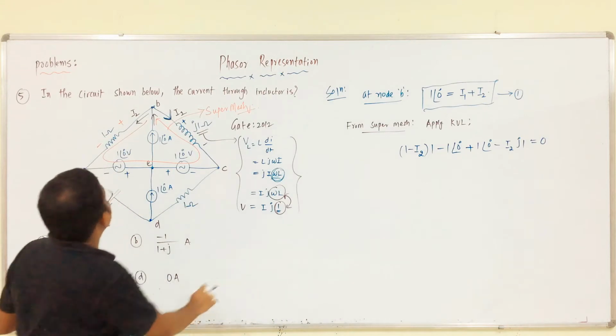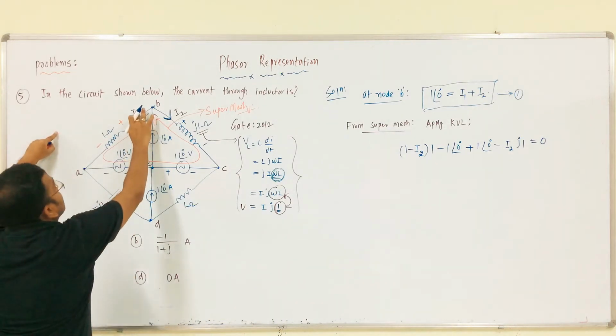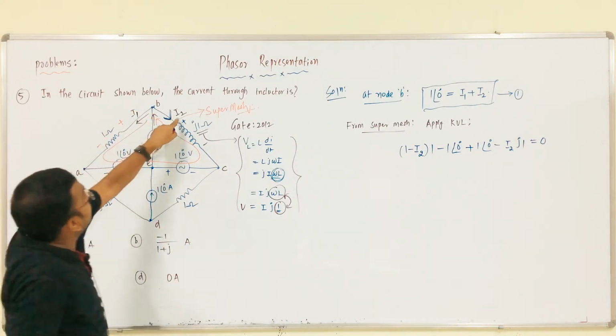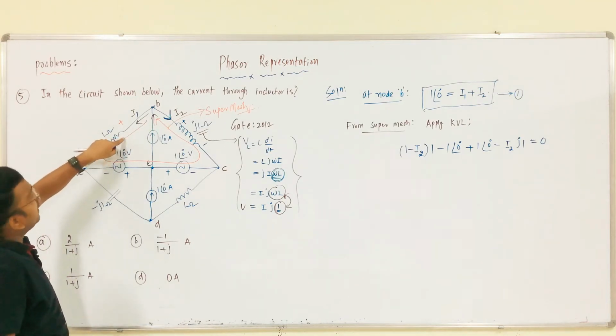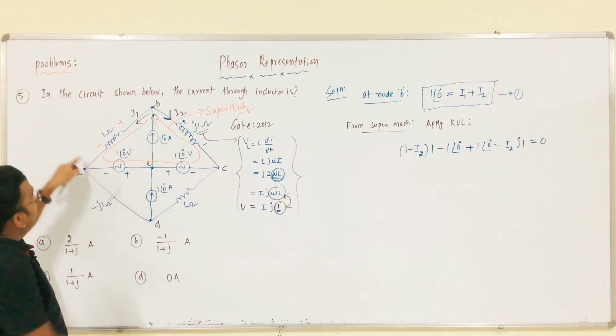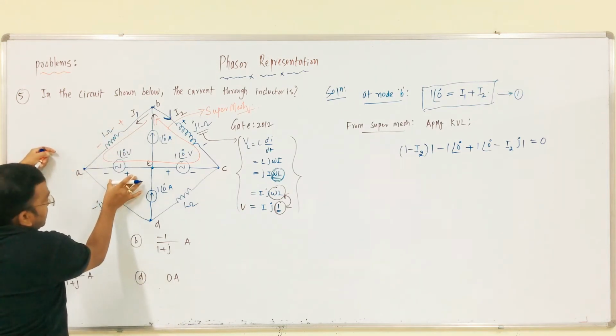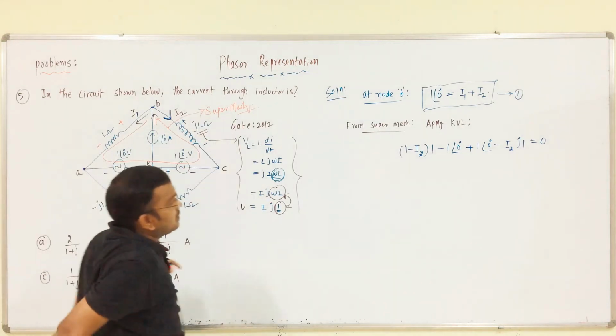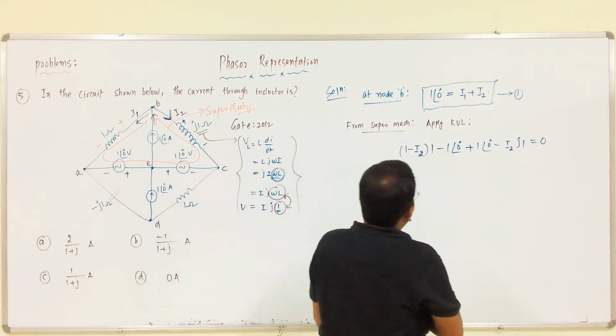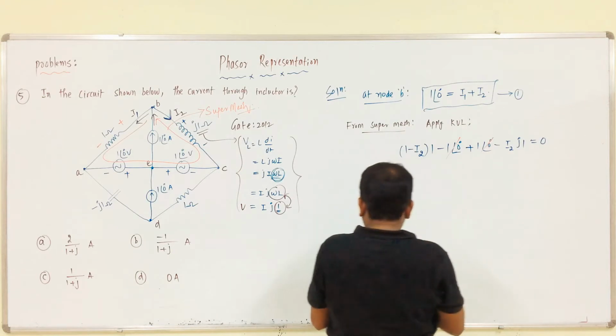This is I1, this is I2, clear. So, through this branch we have 1 minus I2 minus this voltage plus this voltage minus this voltage. From this, one term gets cancelled.